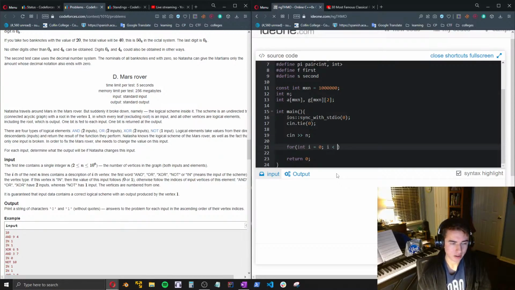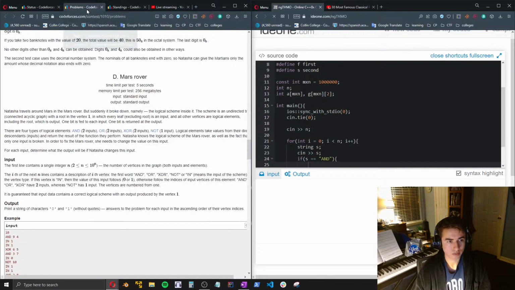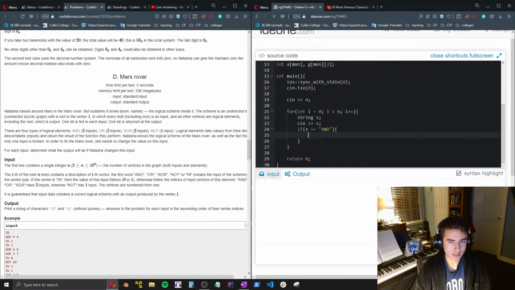Let's see, let's read in the input. So we need to read for all of the vertices. We read, first off, let's just write out all the cases. If s is equal to and, we set 0, 0, 1.